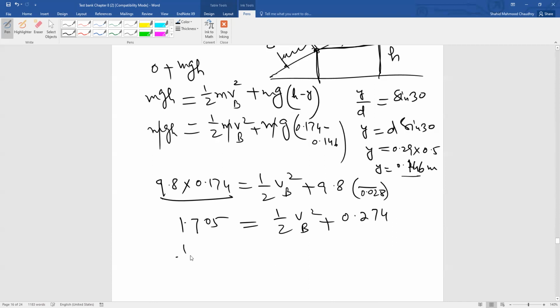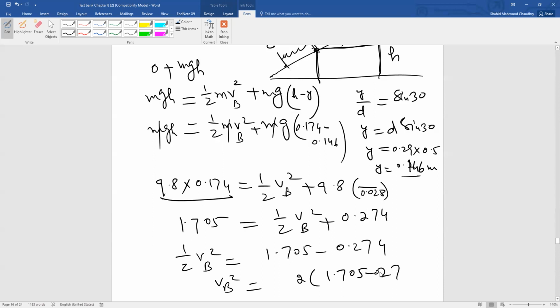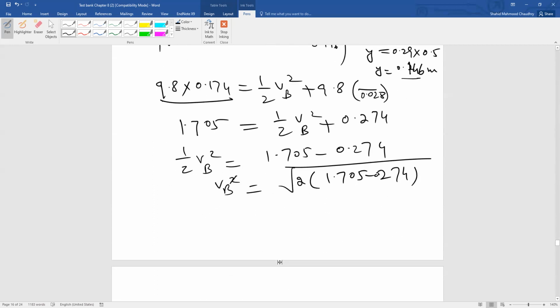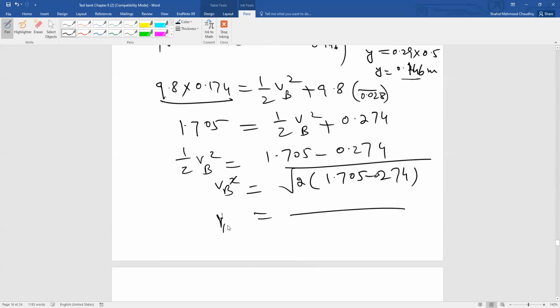So 1 over 2 VB square is equal to 1.705 minus 0.274, and VB square is equal to 2 into (1.705 minus 0.274), and under root. Here this is cancelled. Now you can solve it and get the answer. So in this way, you can solve this problem, and we need this VB value. We want to find this VB value.